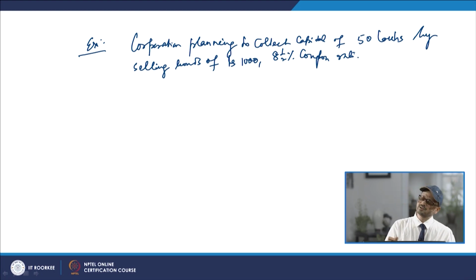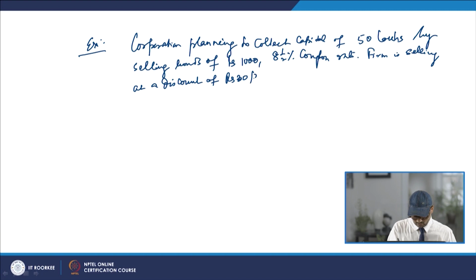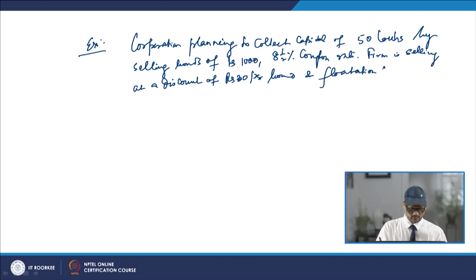Now, the firm is selling at a discount of rupees 30 per bond, and also there is a flotation cost involved. The flotation cost is 2% per bond.